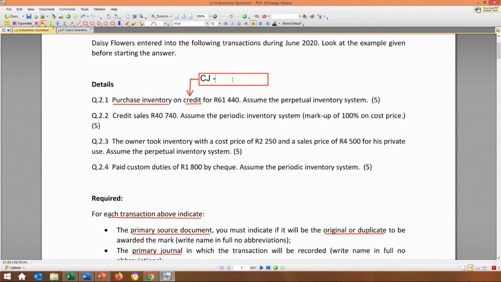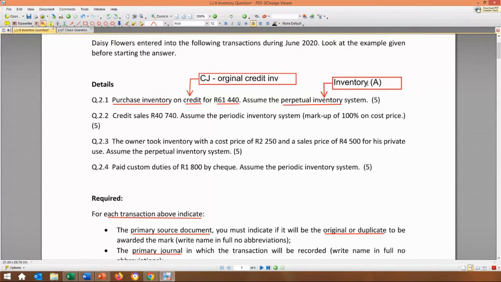When I have a creditors journal, I would have the original credit invoice that I would have received, for 61,440 rand. And then they tell you we use the perpetual inventory system. So as soon as we see perpetual inventory system, we need to know we're going to use the inventory account, which falls under the asset category.